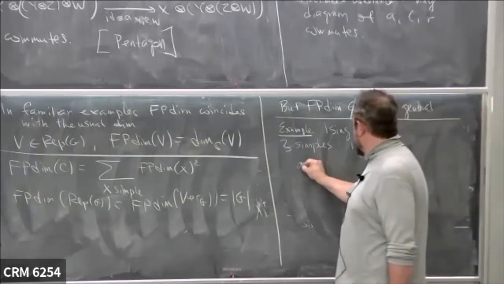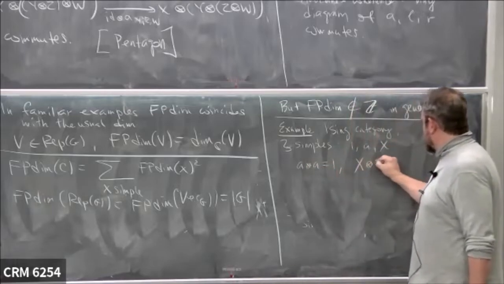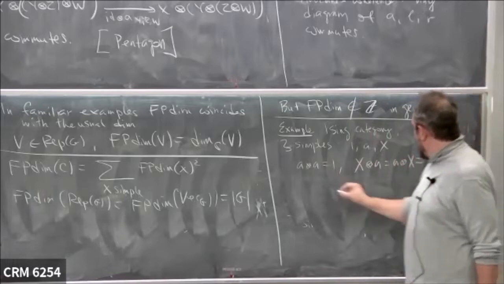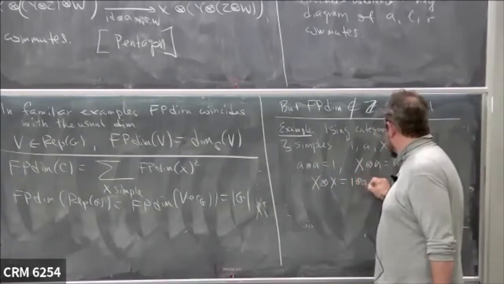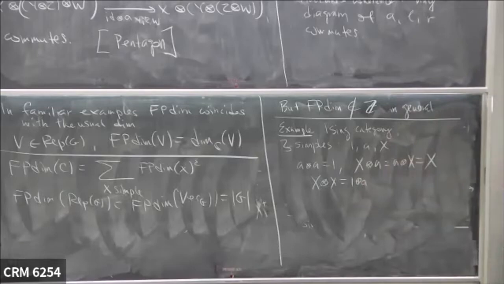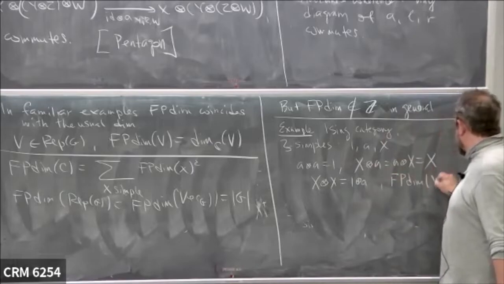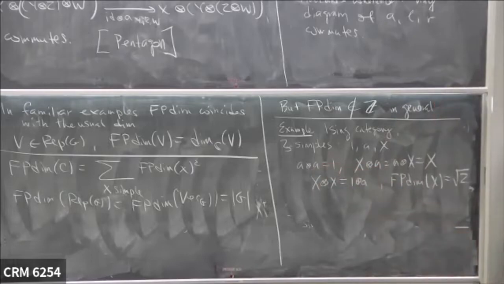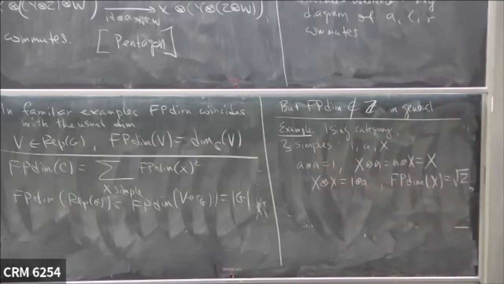A tensor A is identity, X tensor A is X, and X tensor X is 1 plus A. Now, using this definition of Frobenius-Perron, it's very easy to see that there is only one homomorphism, and the Frobenius-Perron dimension of X is the square root of 2, because invertible objects, of course, have dimension 1, so this tells us that the square of the dimension is 2.